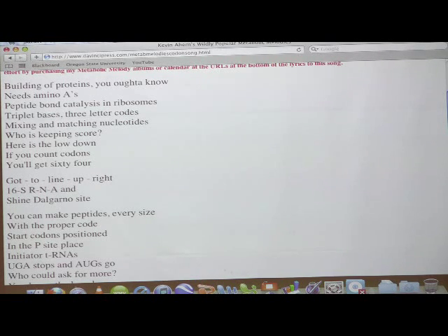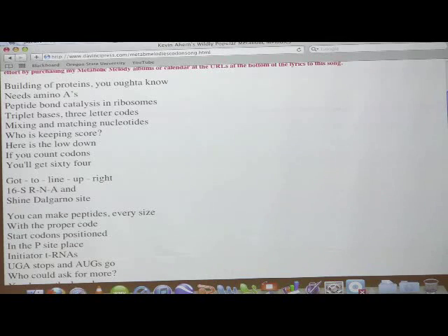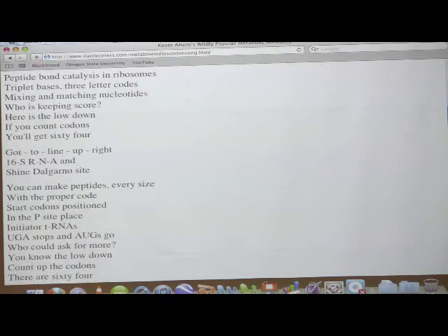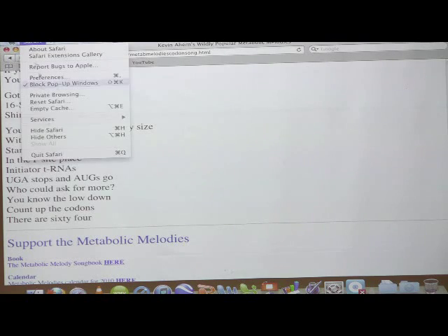You can make peptides every size with the proper code. Start codons positioned in the P site place. Initiator tRNAs. UGA stops and AUGs go. Who could ask for more? You know the lowdown, count of the codons. There are 64.